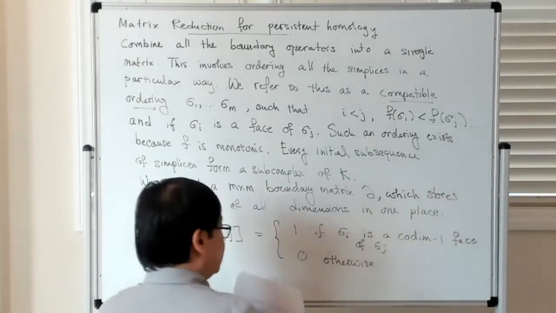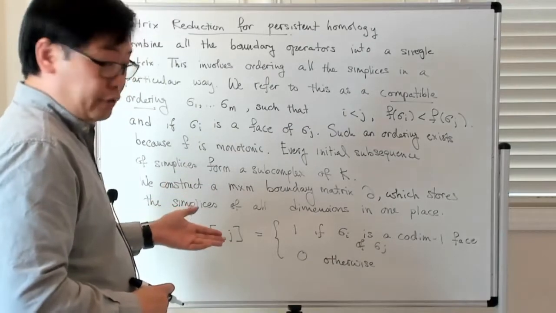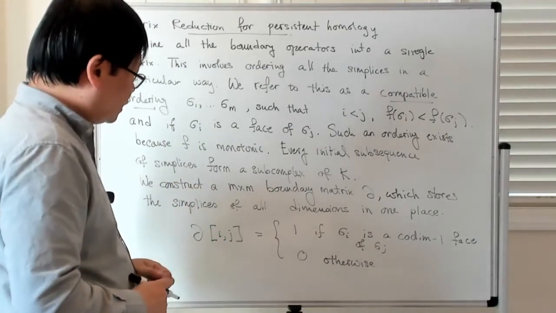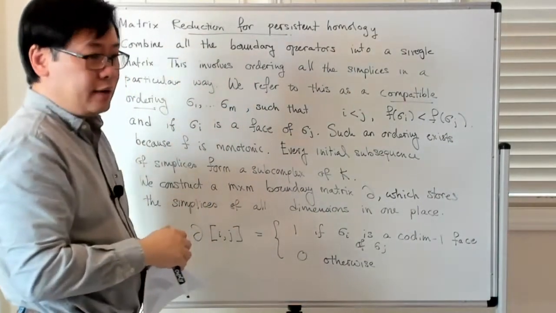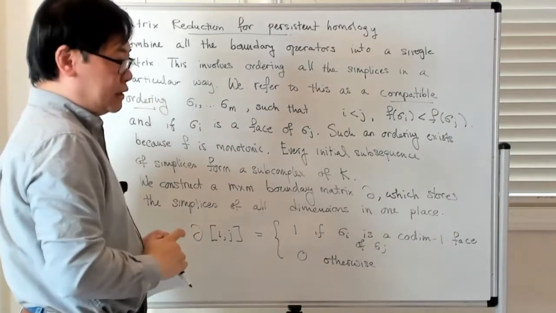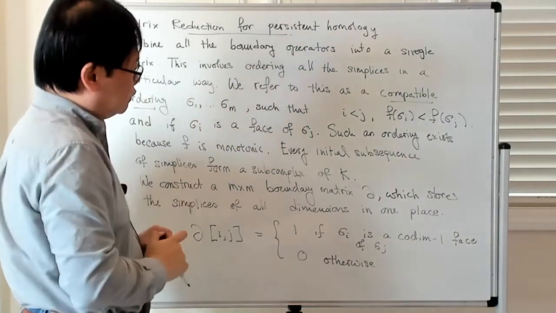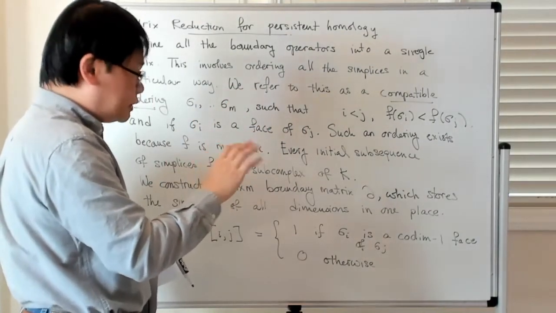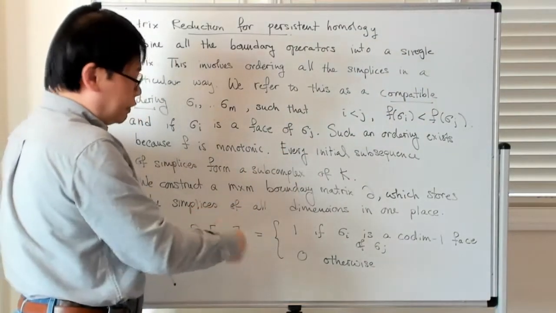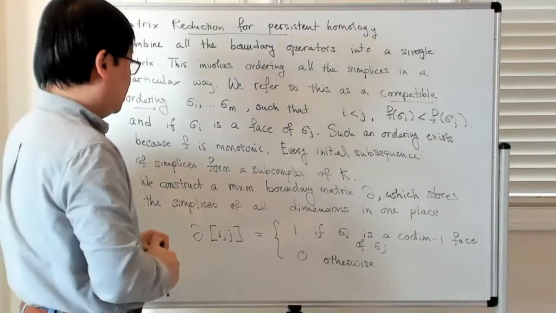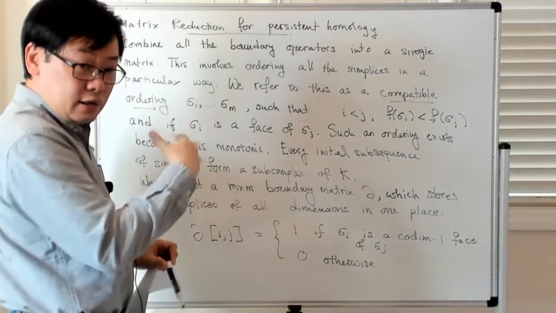So again, it's easy to convince yourself that this is really nothing more than what we would normally have. We had combined all the boundary matrices together. So in particular, if instead of this notion of compatible ordering we had ordered the simplices by dimension, starting with the zero-dimensional simplices, the nodes basically, all the way up to the highest dimensional simplices, then this boundary operator, with respect to that different ordering of the simplices, would just be blocks which correspond to the individual boundary operators, right?